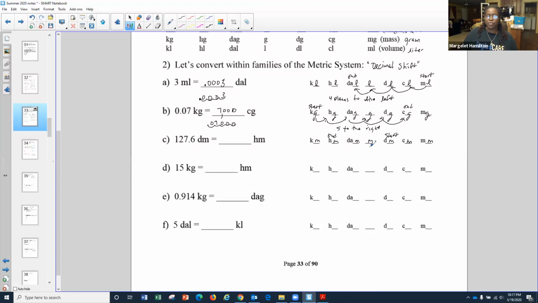How many movements? 1, 2, 3. All right, so 3 decimal places to the left. That gives me 0.1276. Now, if you put the 0 here, that's fine. If you don't, that's fine too. All right, so I'll put it there if it makes us feel better. There's my number.